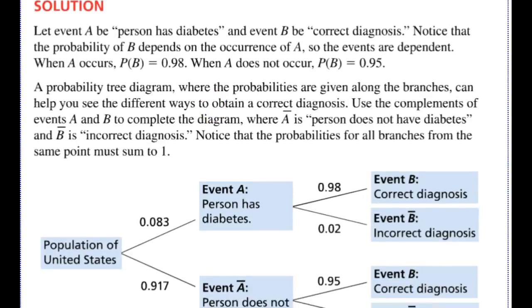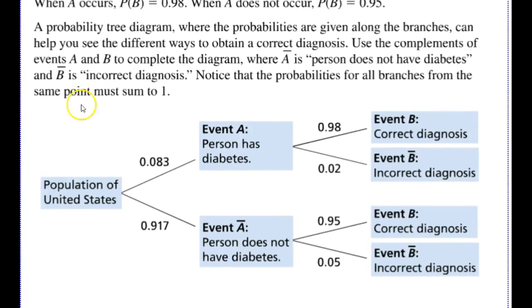Then we're going to go ahead and use a probability tree diagram. The probabilities given along my branches can help us figure out where we get some numbers. I also want to use the complements. Remember, a complement is where I take 1 and subtract what I know to find the probability that it's not occurring.